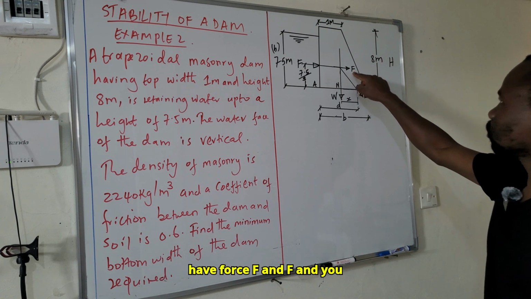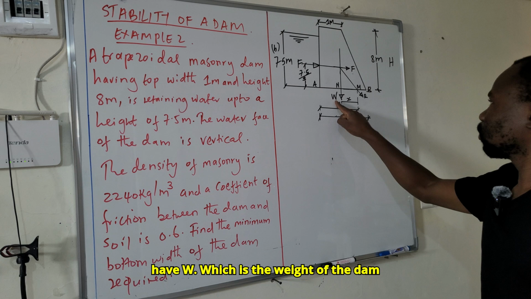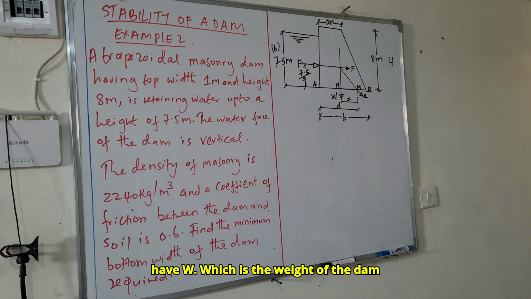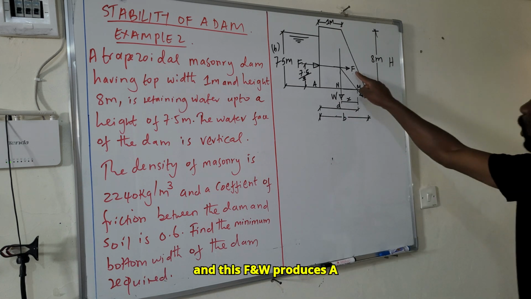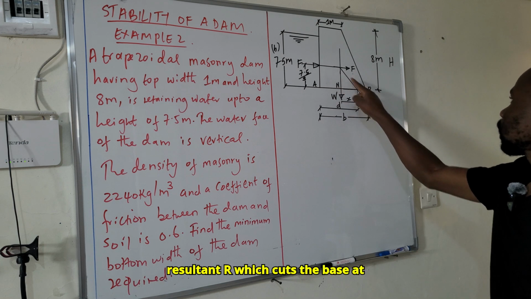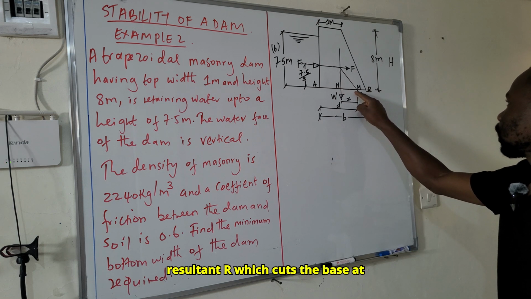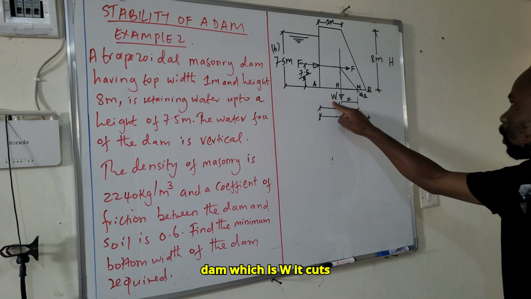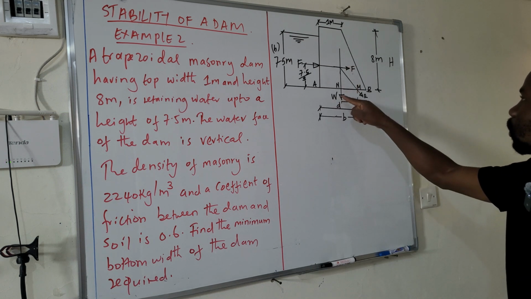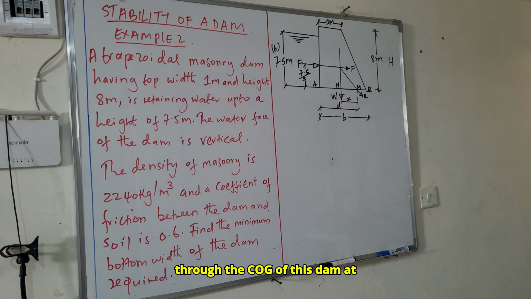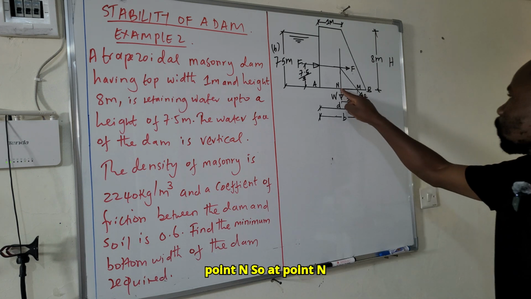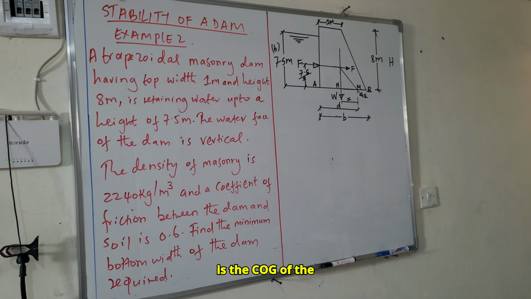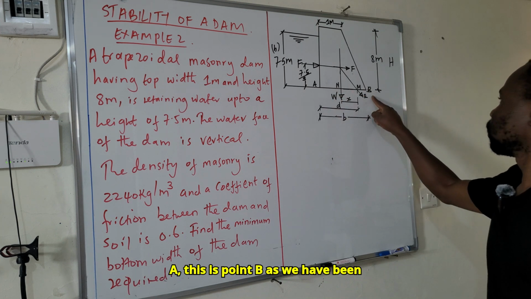You have force F, and you have W, which is the weight of the dam, and this F and W produce a resultant R, which cuts the base at M. The weight of the dam, W, cuts through the COG of the dam at point N. And then this is point A, this is point B.